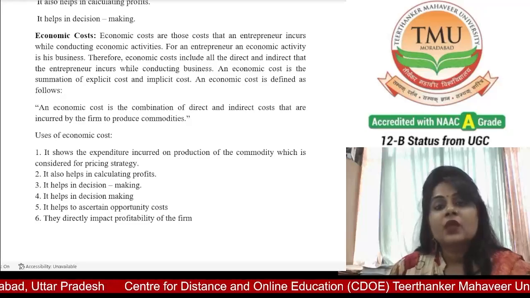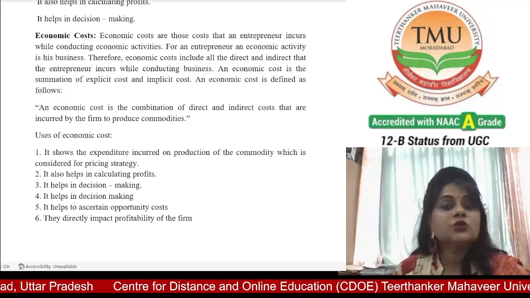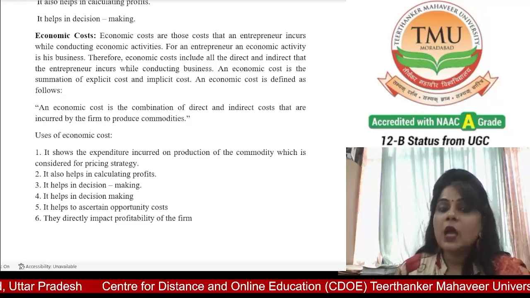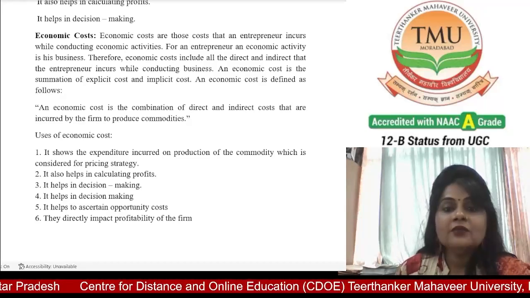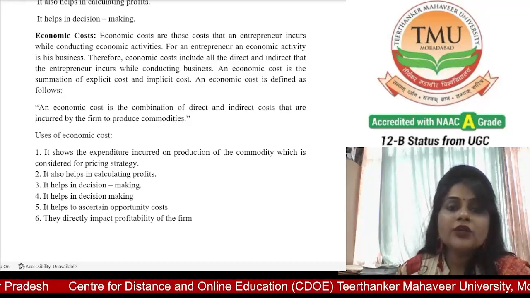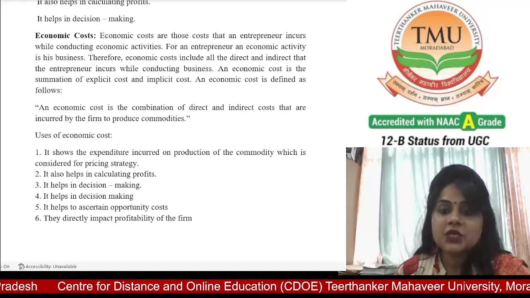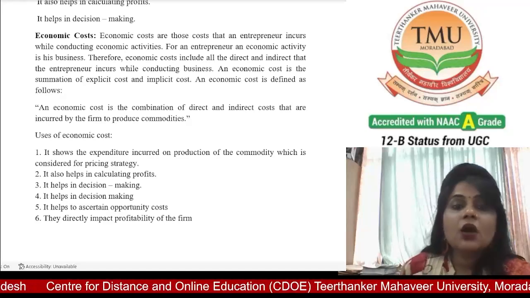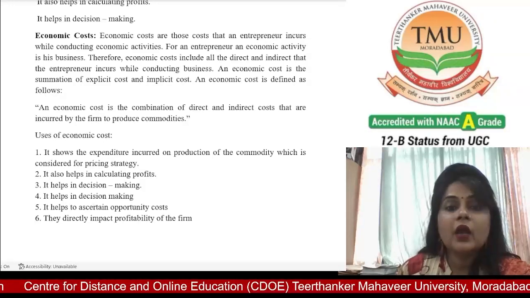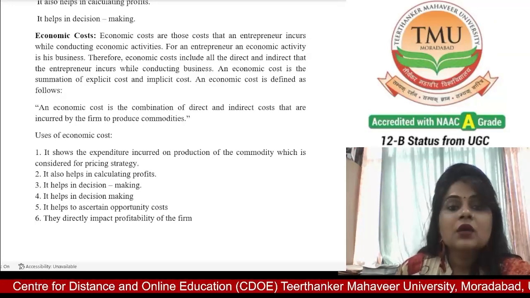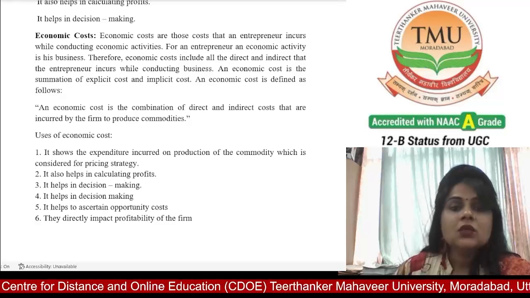It means economic cost is usually used for comparing two separate courses of action. It helps in the evaluation process of a particular action for a business. The costs are calculated based on the accounting cost, also adding implicit cost.